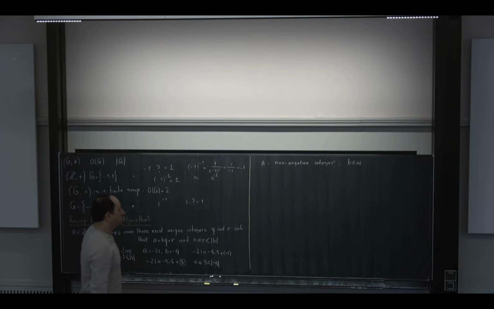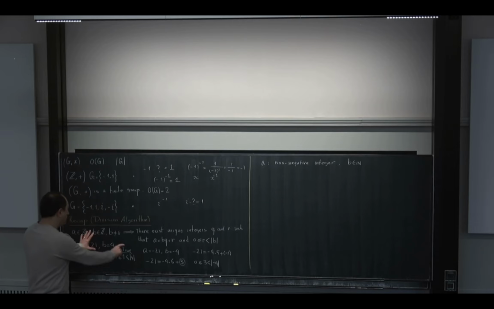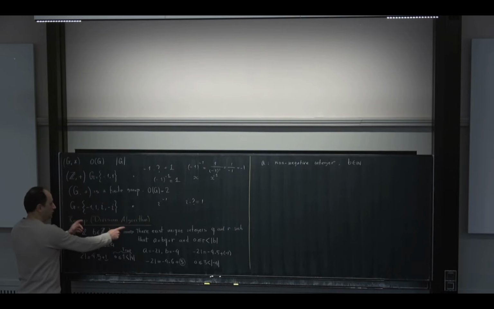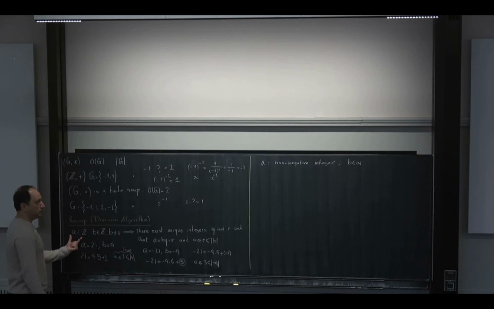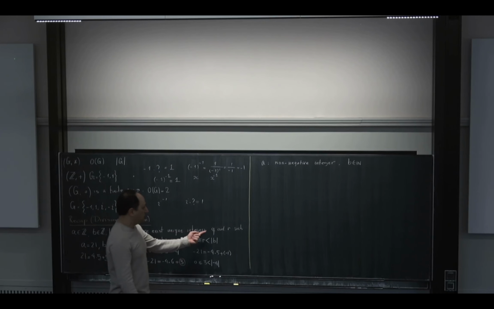So A is a non-negative integer, B belongs to N. If I want to rewrite this general theorem for this special case in which I am forcing A to be non-negative and I am forcing B to start from 1, then what happens? There exist unique integers Q and R such that this holds.